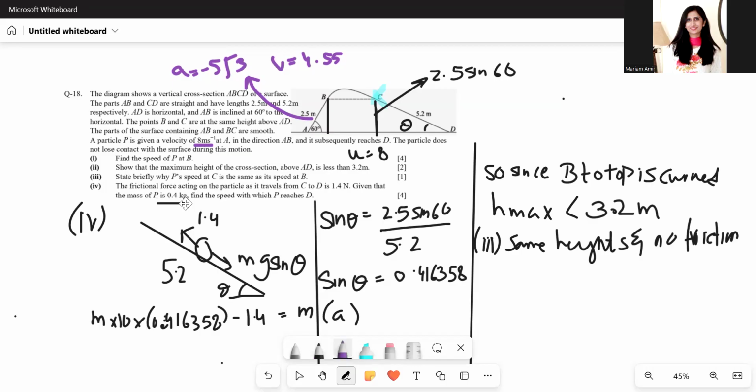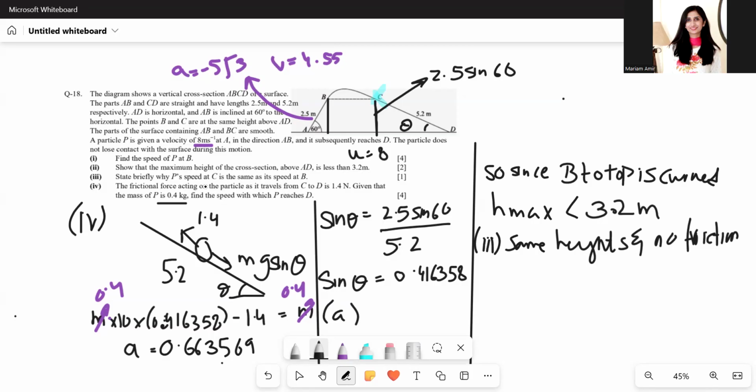This would be 0.4, and this would also be 0.4. Substitute that and get the value of a, which would come out to be 0.6635 meters per second squared.